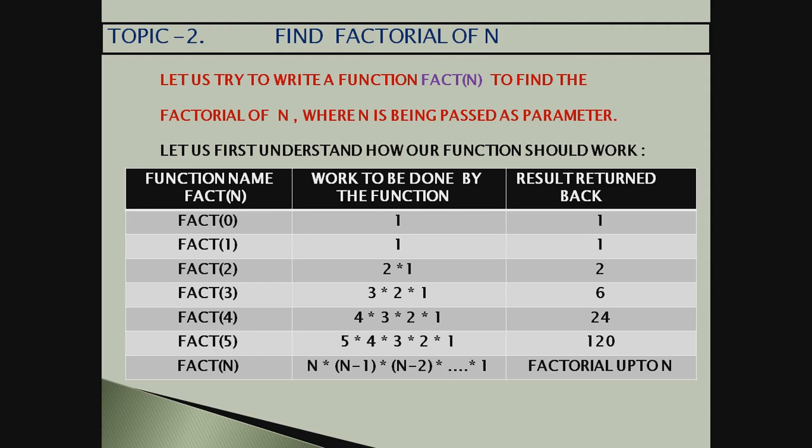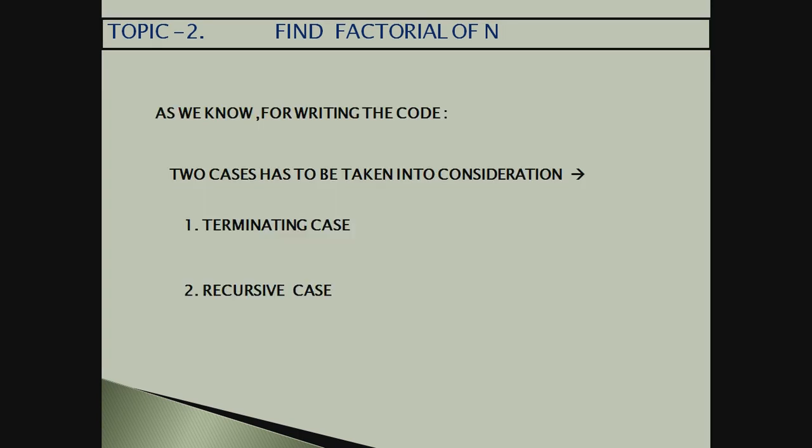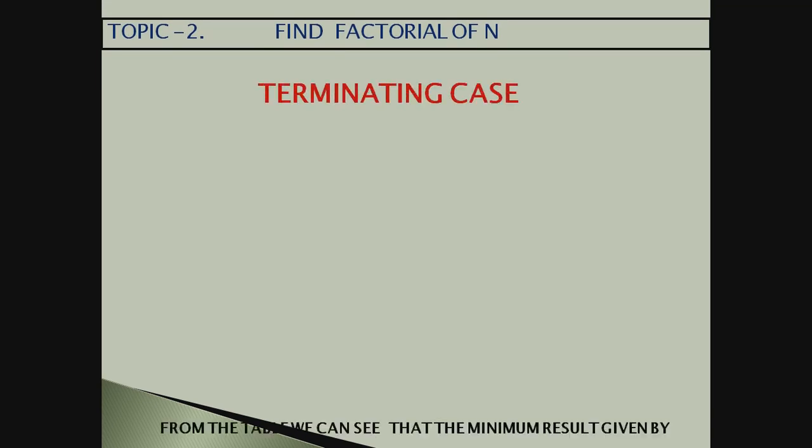But from the discussion here, one thing has been clear to us, that there are two terminating cases, fact 0 and fact 1. So we have to find terminating cases and recursive case. We have already found the terminating case for factorial of n.